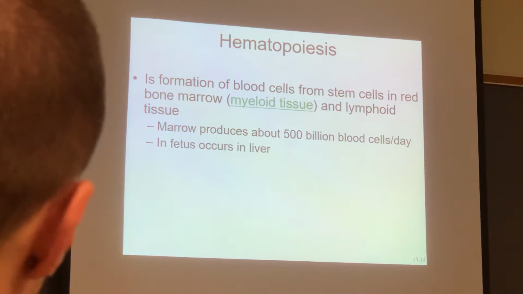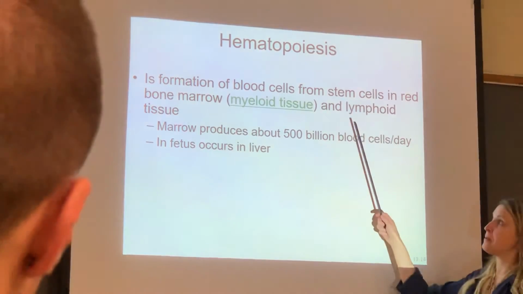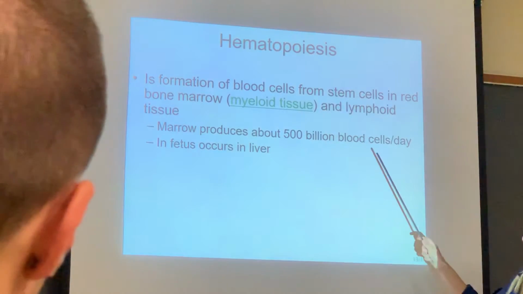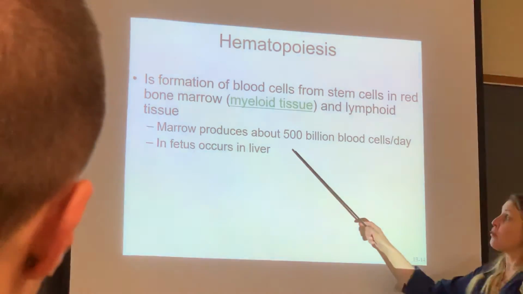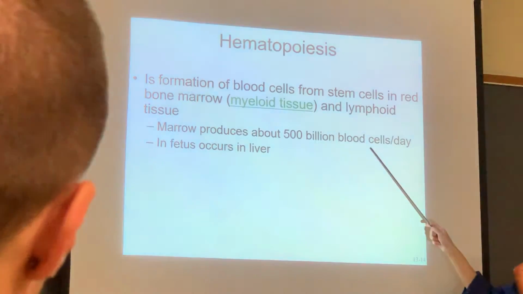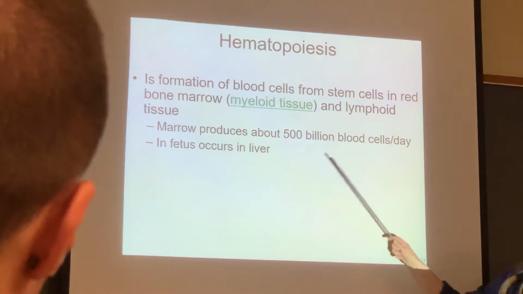So anytime you hear myelo as a prefix, that indicates that we're talking about myeloid tissue, which is the red bone marrow tissue. And also lymph tissue. Lymph tissue also helps to make some of our blood cells. Our red bone marrow produces about 500 billion blood cells per day.